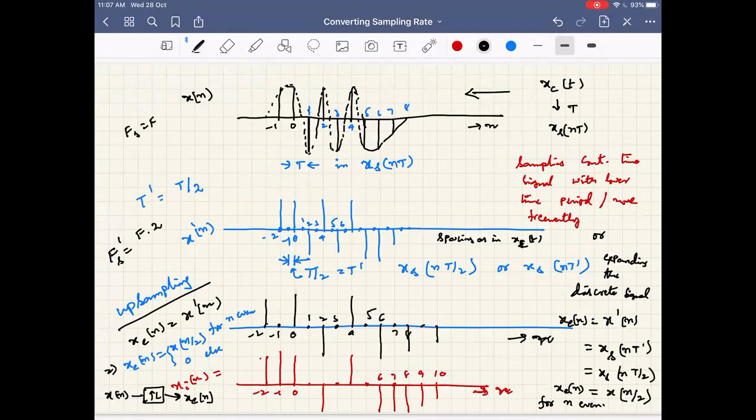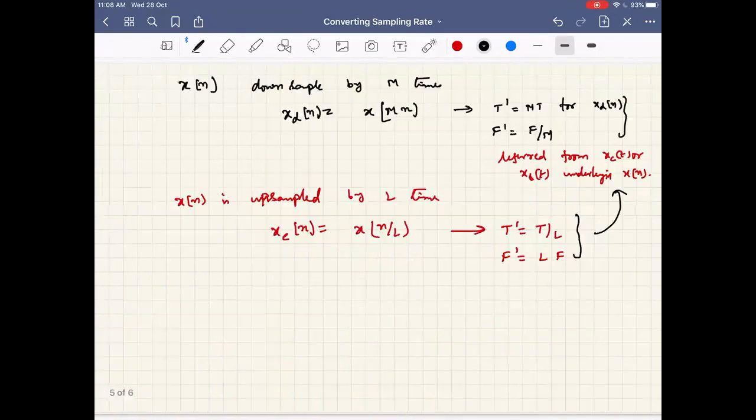In the discrete signal we don't have any information between the samples, while for the continuous signal there should be an interpolation process that we will see later. For the time being, let us represent the expanded signal x e of n as x of n by L for n equal to plus or minus k times L, and 0 otherwise.